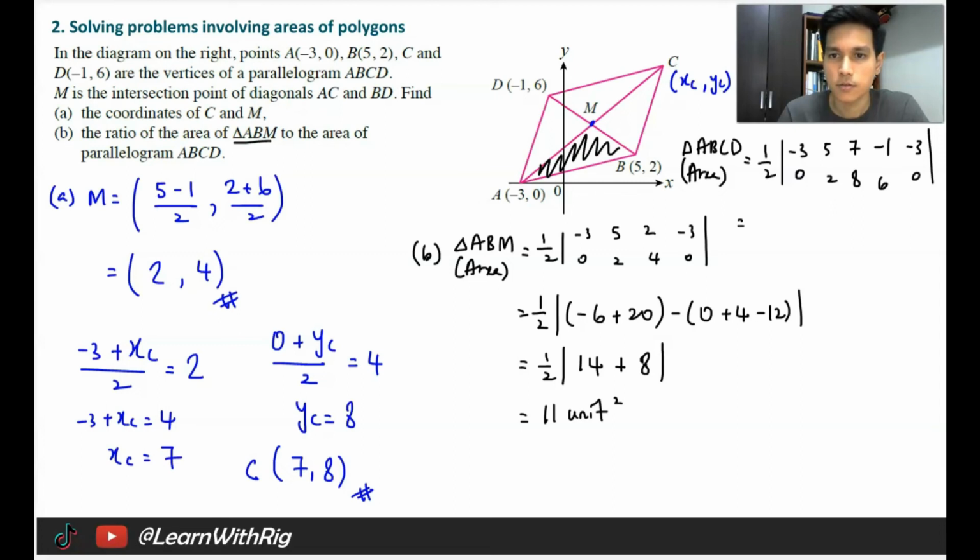Okay, so you should get 1 over 2, negative 6 plus 40 plus 42 plus 0. So close bracket, minus 0, 14 plus, minus 8, sorry, minus 18.